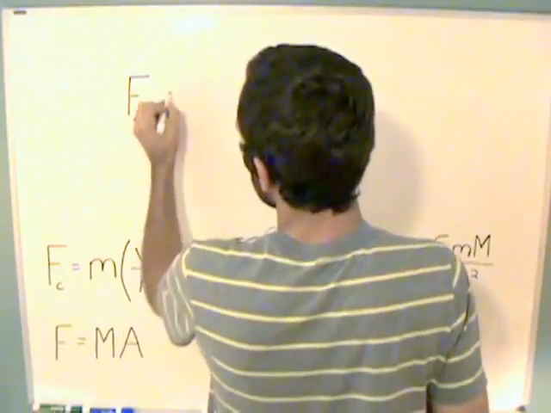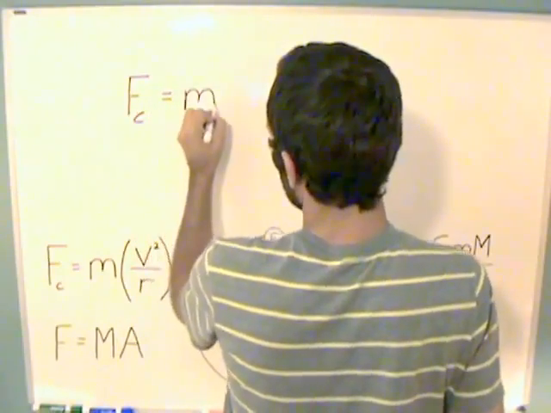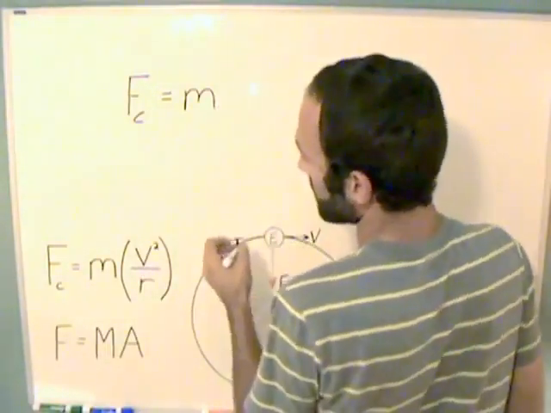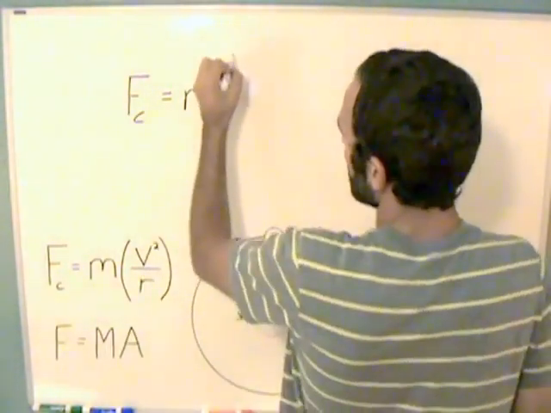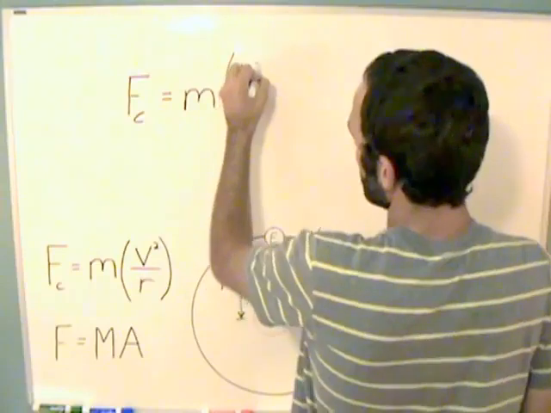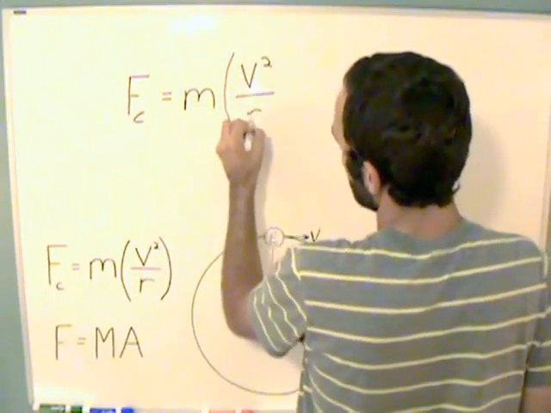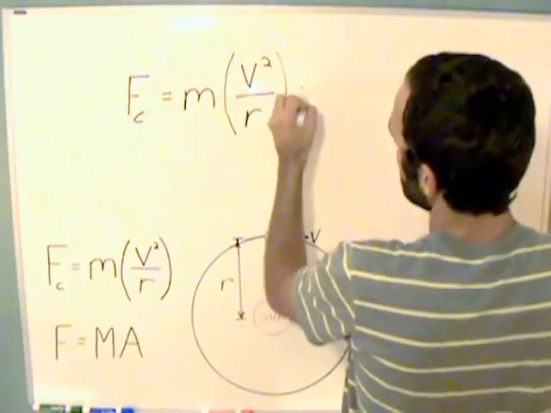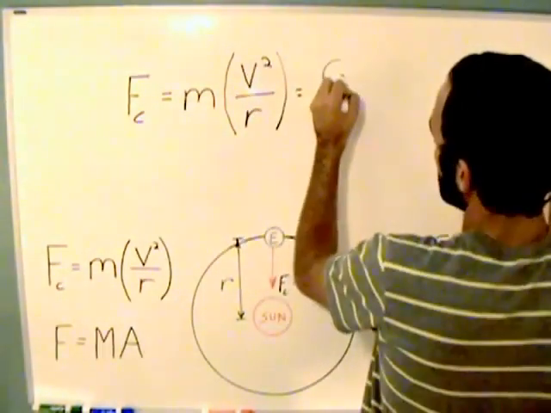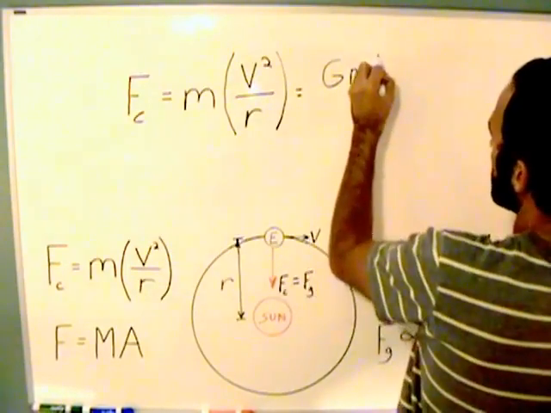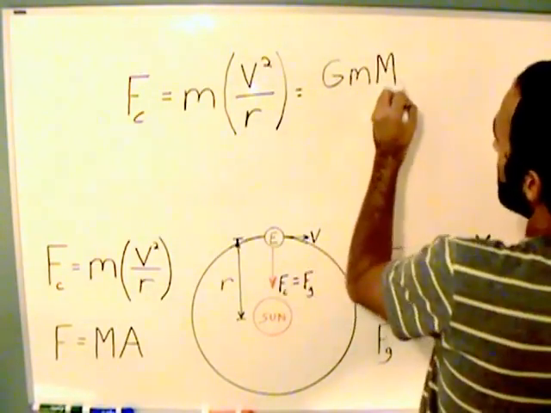Fc is equal to the mass of the object orbiting the Sun, which we still have as the Earth here, or Jupiter, or Mars, or whatever you want it to be, times the velocity of that planet or wandering star, divided by the distance from the Sun, r, is equal to the gravitational constant times the little m, which is the mass of Jupiter or Mars or Earth, times big M, which is the mass of the Sun.